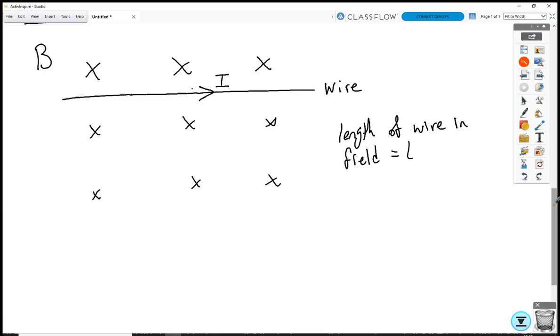That would give us an angle between the magnetic field lines and the wire. And if we did that, then the force that this wire will experience will change depending on that angle. Yeah? So here let's add on wire at 90 degrees to B field.